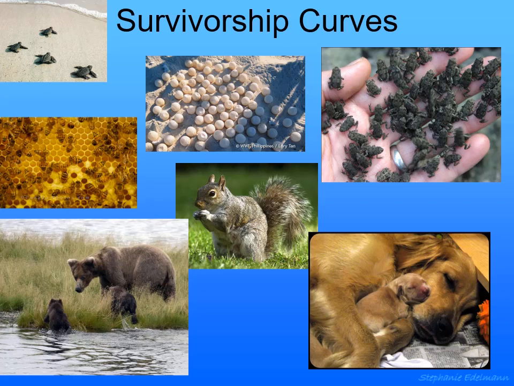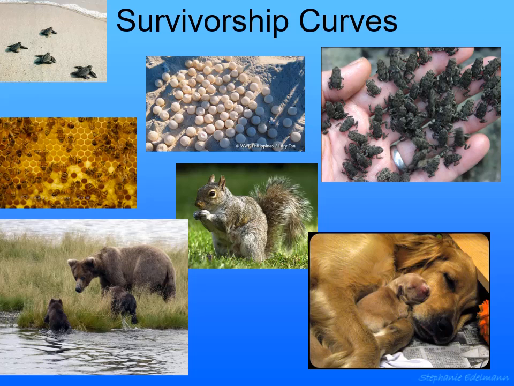And each one of the surviving species we have on this earth today managed to be successful in some way, shape, or form. And the survivorship curve that works for them has something to do with how they reproduce and how they develop and what they do to be successful.